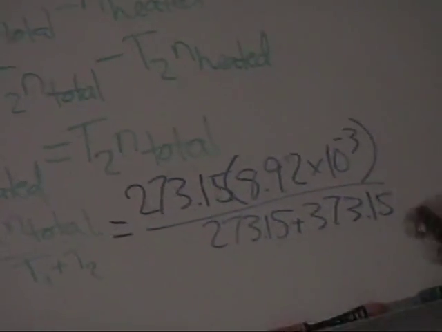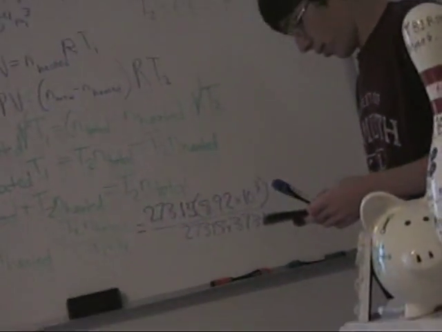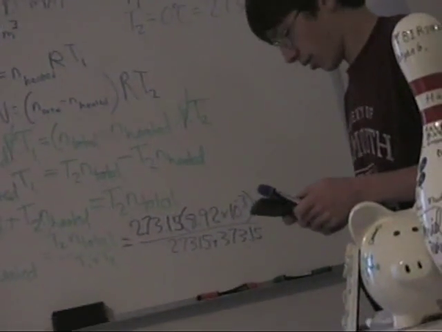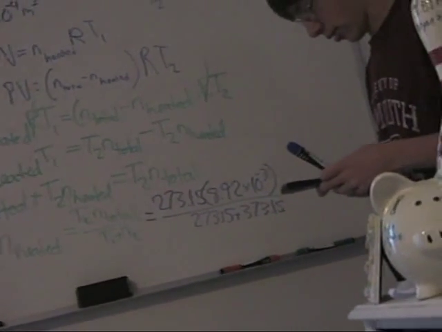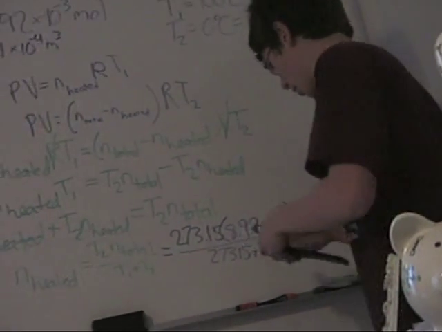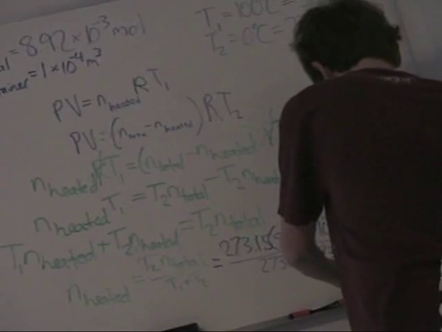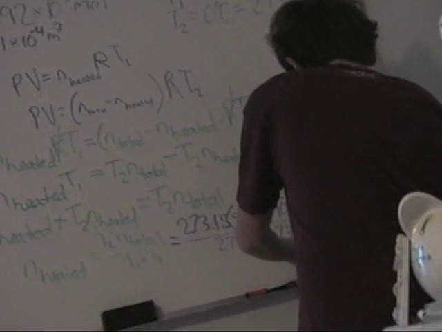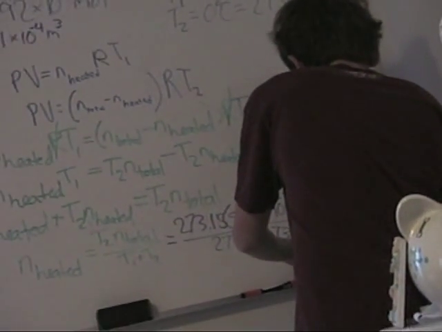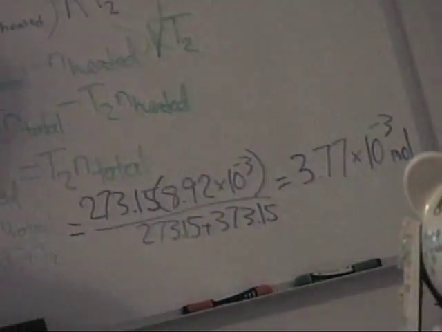And if you plug this into your calculator, you will get 3.77 times 10 to the negative third moles. And there, that is the number of moles in the heated container.